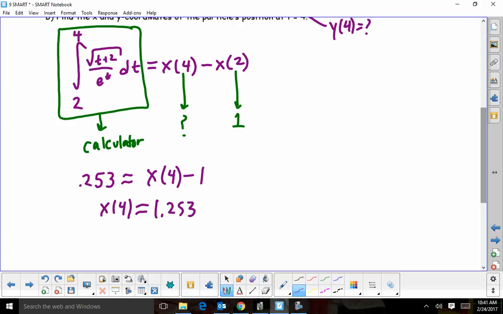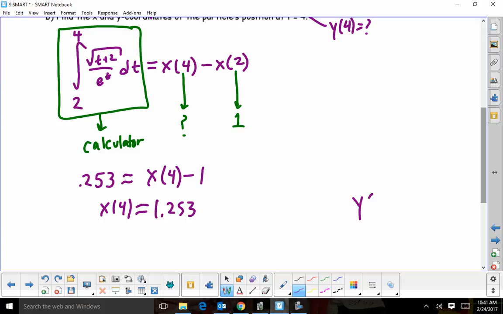So there's the x value when time is 4. Or 1.252 if you truncate it.